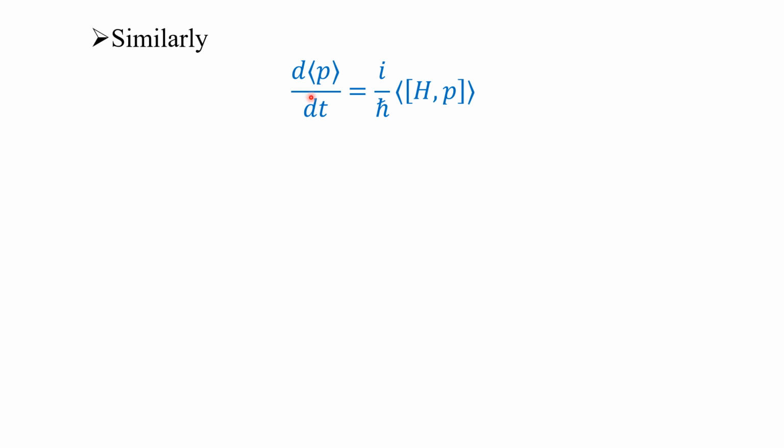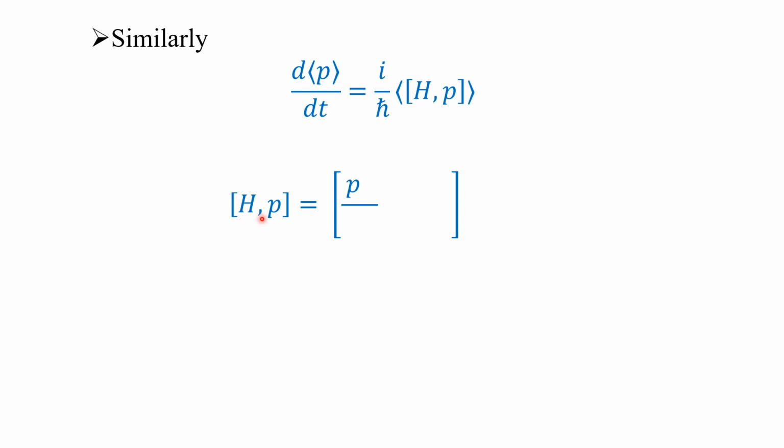Similarly, the time derivative of the expectation value of momentum is, by definition, i over h cross times the expectation value of the commutator of H with p. Now our task is to find the commutator between H and p.